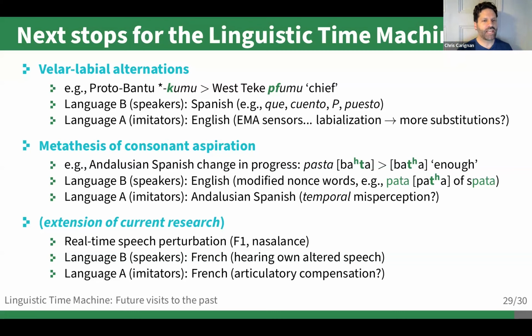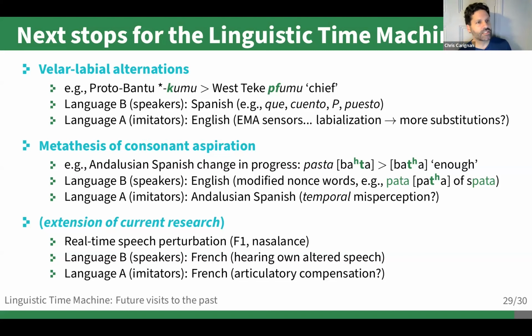The perturbation would be, before they are made monaural, changing the amplitude. So what this would do is change their own perceived degree of nasalization and all of the acoustic effects that come along with that.